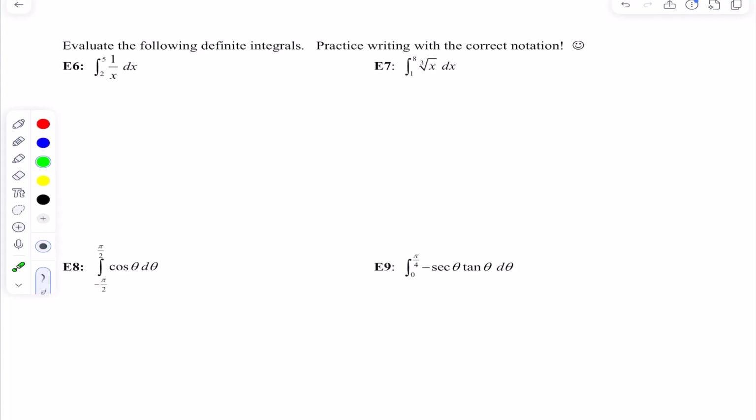We're going to use the fundamental theorem of calculus part 2 to evaluate the following integrals. We are going to need some new notation to make things a little bit clearer. Make sure you know your antiderivatives. Got to remember your antiderivative of 1 over x.